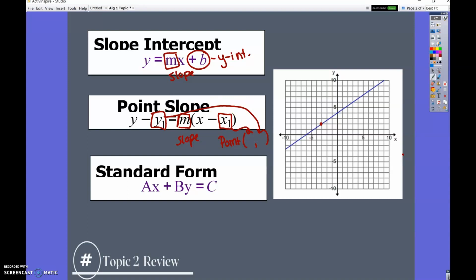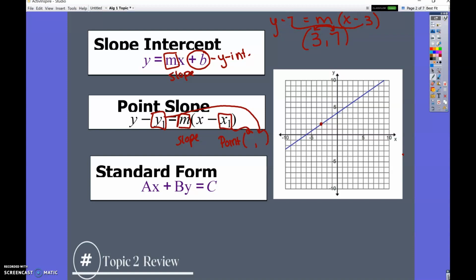It also might be helpful to note that if your point is, say, 3, 7, the equation would have x minus 3 and y minus 7 in your equation. It always looks somewhat opposite of what you actually have for your equation. So the point has the sign switch.